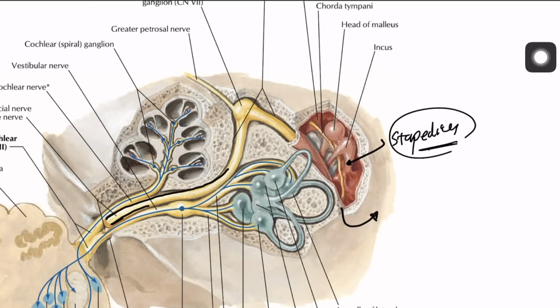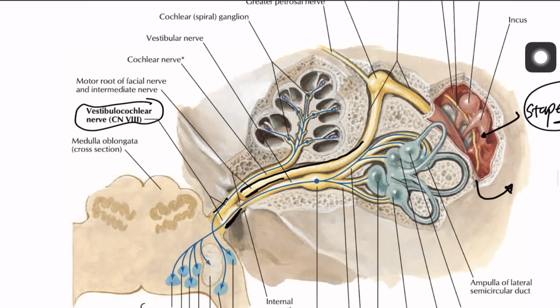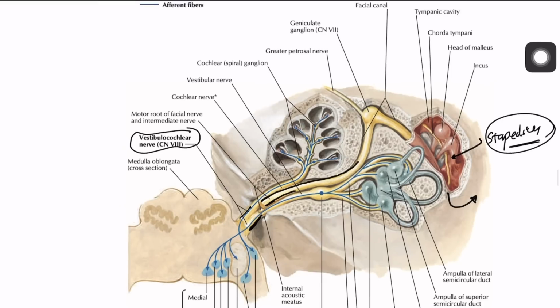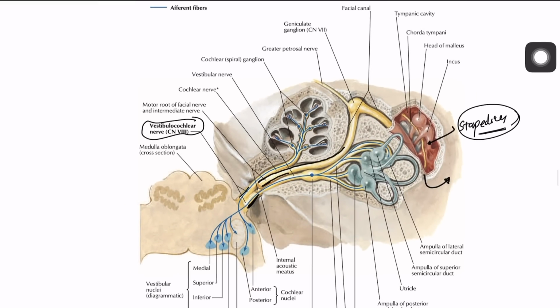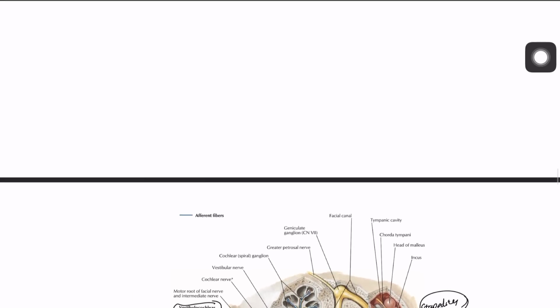And this has significance, right? As you can see, it's closely related to another nerve, which is called the vestibulocochlear nerve. So any tumor or schwannoma in this area can lead to paralysis of both the facial nerve and the vestibulocochlear nerve, such as acoustic neuroma. All right?